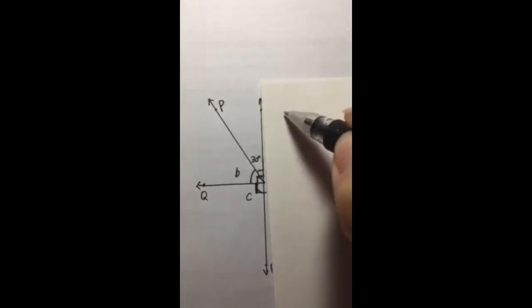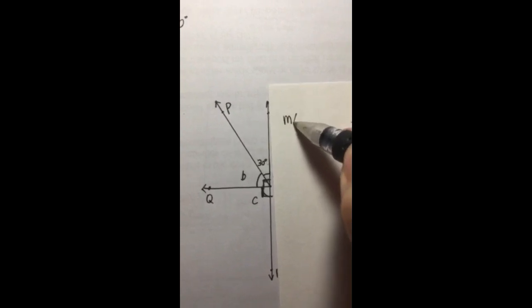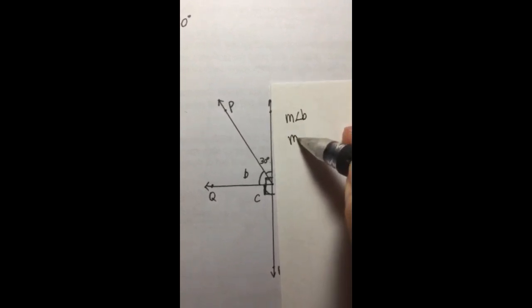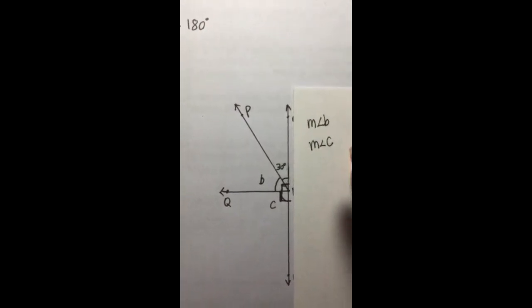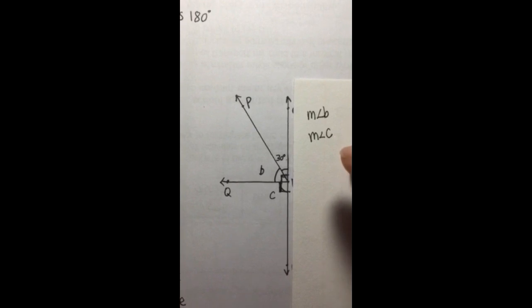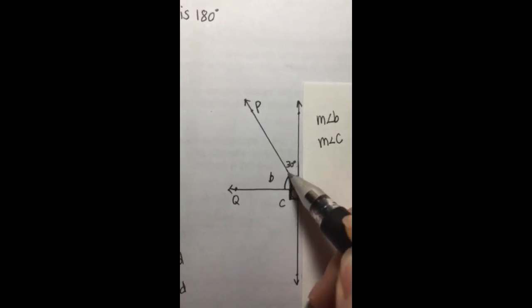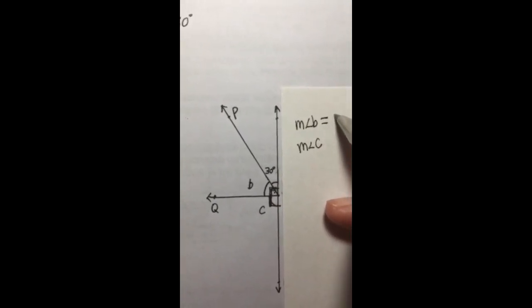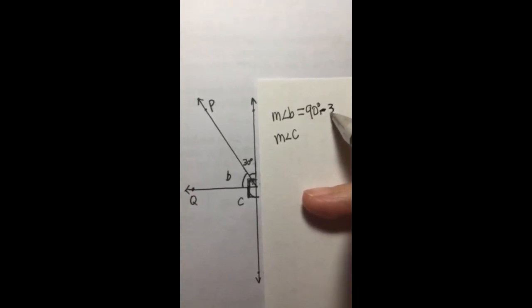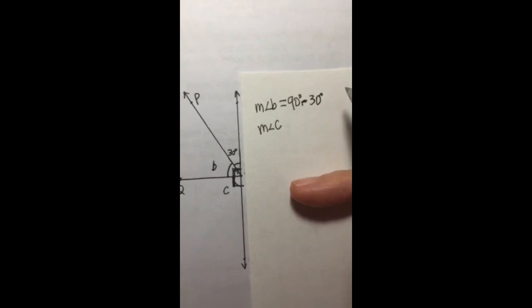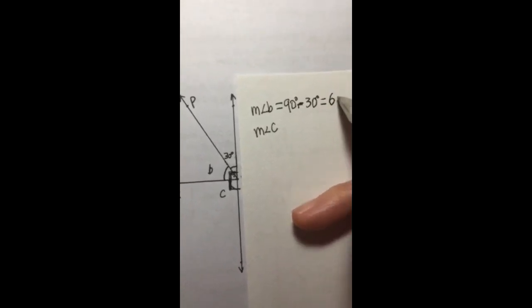Well, our goal is to find measure of angle B and measure of angle C. It's not too difficult to realize that, right? If this is a right angle and part of it is 30 degrees, measure of angle B would be 90 degrees minus 30 degrees, which is 60 degrees.